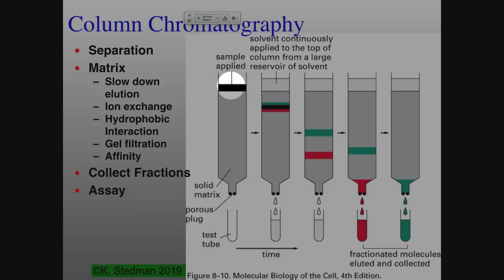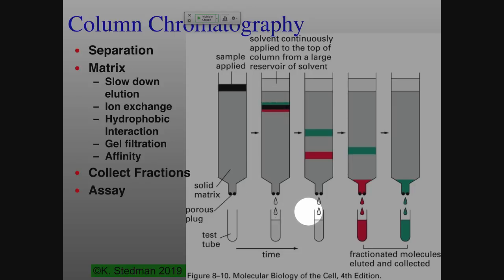This is literally a cylinder where you put stuff at the top and let it flow through. In the cylinder you have a particular matrix. That matrix will slow down some of the things that you put on top, and it should slow them down in separate ways.